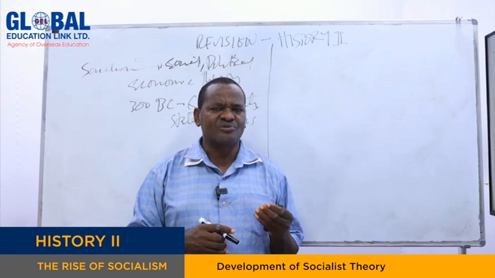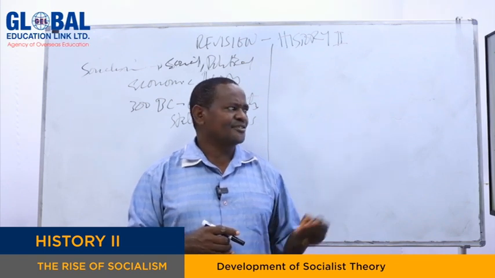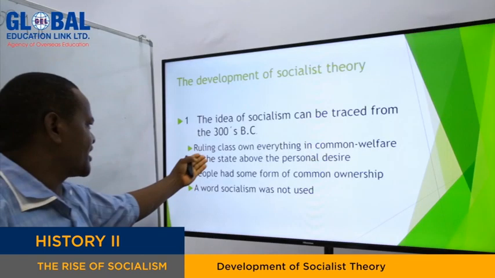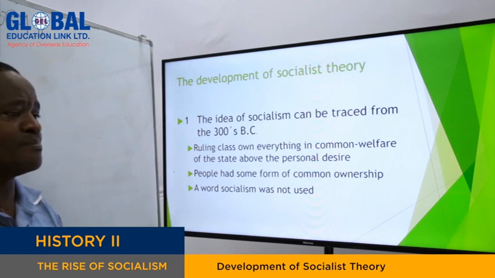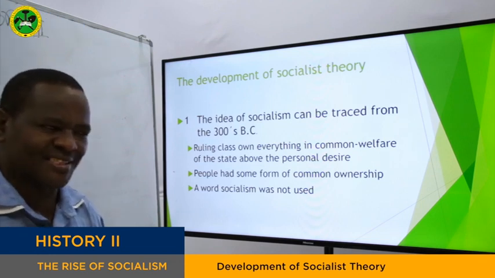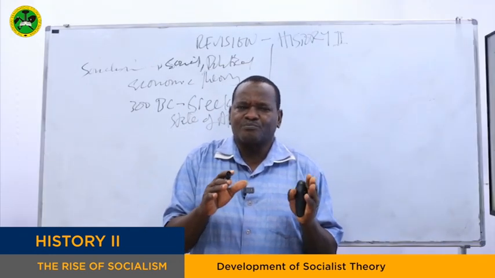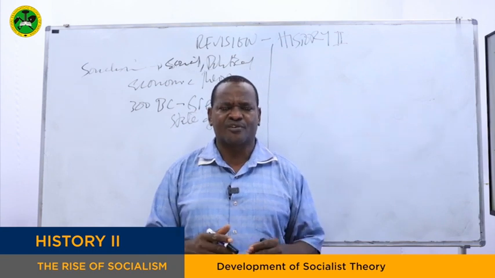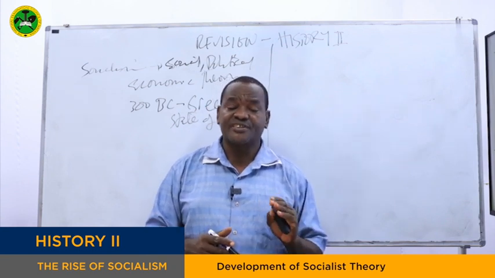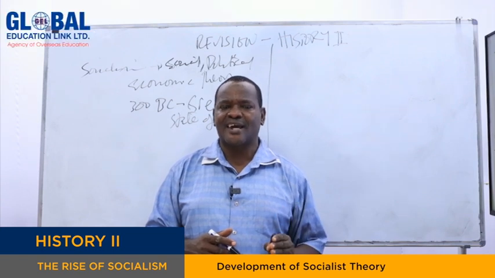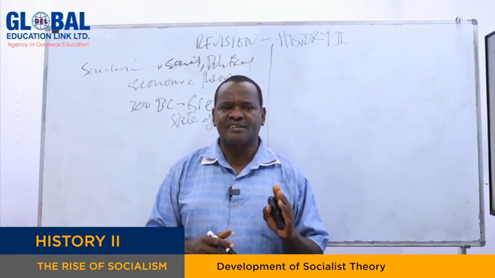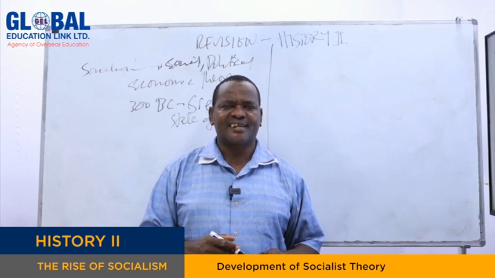In fact, he tried to draw an ideal society, in which he said the ruling class will own everything in common, and the welfare of the state will be above personal desire. That means the ruling class will own everything in common on behalf of the people of that particular society, and the welfare of the state will be given more priority than individual desire.